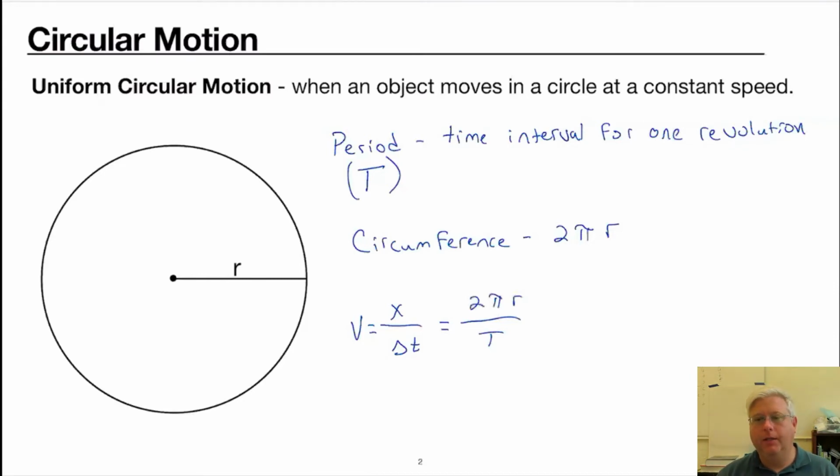Okay. So we would say it's moving at a constant speed if it's uniform circular motion, and we know that at every point on a circle there is a tangent.